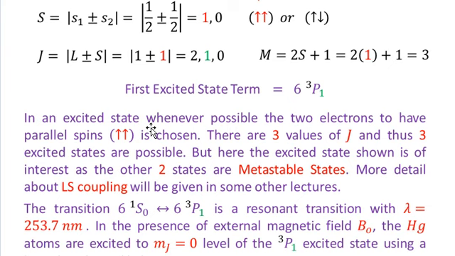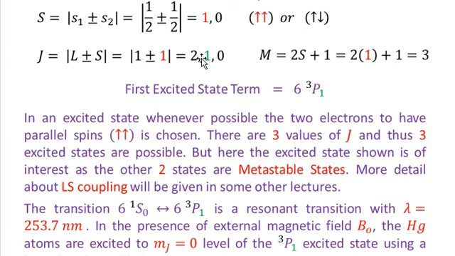In an excited state, whenever possible, the two electrons will have parallel spins. As I have explained, I have chosen capital S equal to 1, and 1 is the case when the two electrons have parallel spins. There are three values of capital J, which are 2, 1 and 0, and thus three excited states are possible.